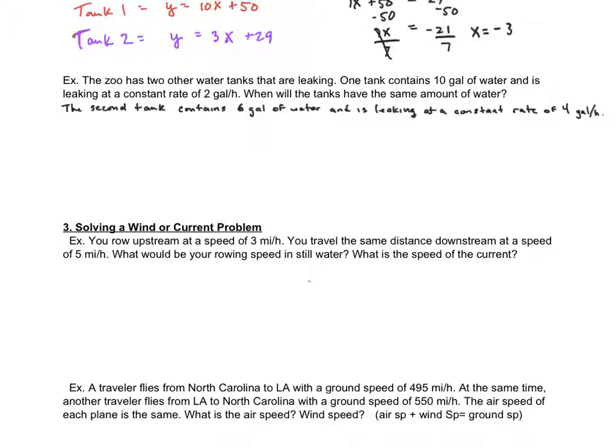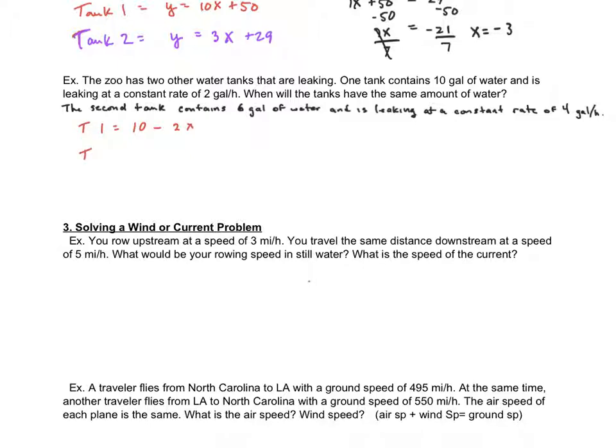Of course, we're going to make them equal to each other, but let's think. Tank 1 contains 10 gallons of water and is leaking at a constant rate of 2 gallons per hour. So let me just reorder that a little bit. We have 10 gallons of water, and it's going to be minus, because it's leaking, 2 gallons per hour, or 2x.